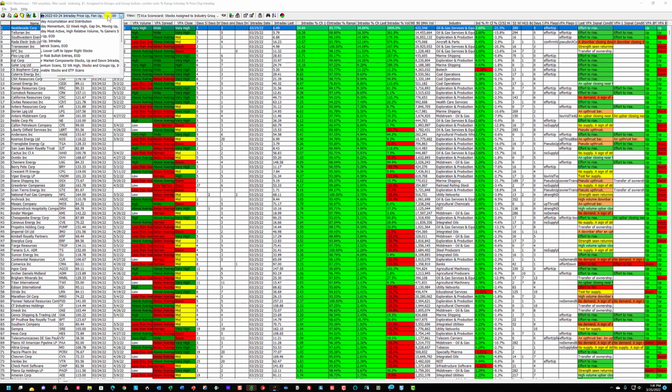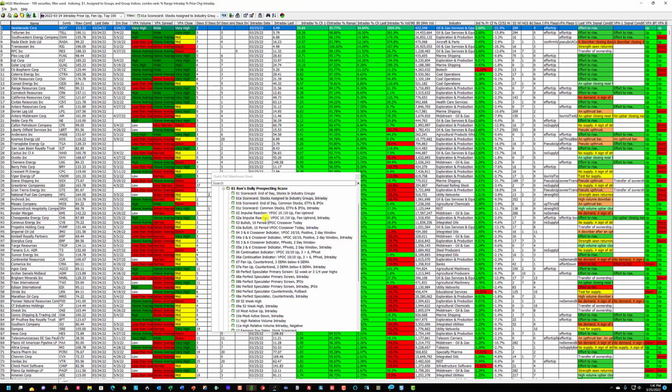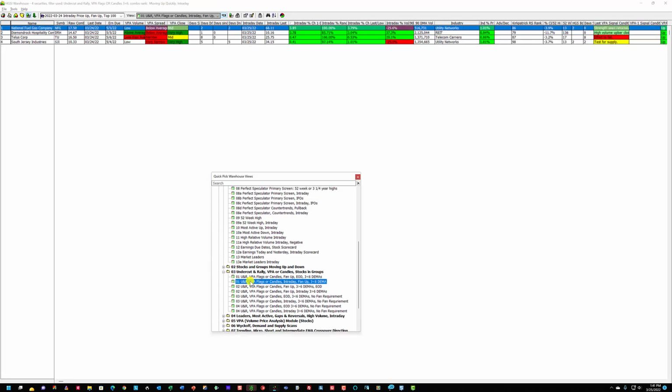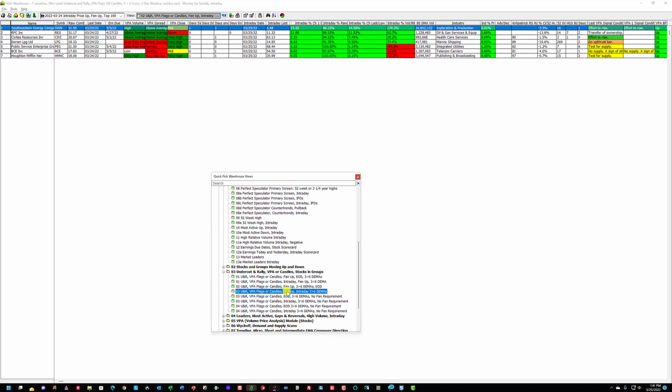Okay, so I've got the list. I'm in that group, and then this is where I can do the other scans. I can go down to the undercut and rally scans. The intraday shows me which of these stocks are undercut and are going up today because all these stocks are going up, and I can see the crossover stocks also.